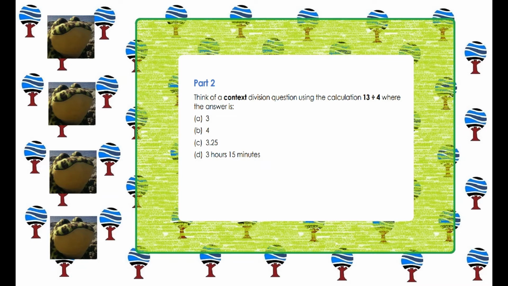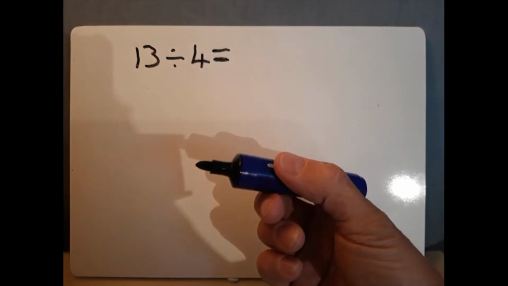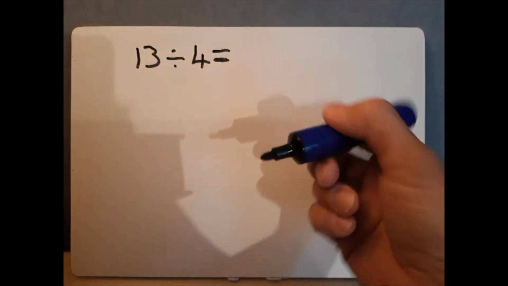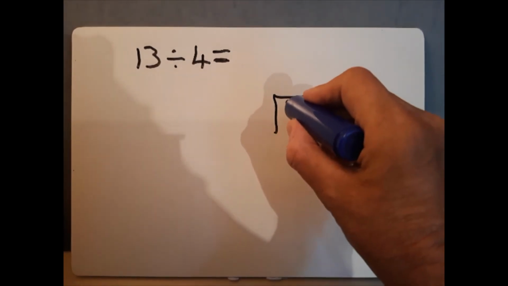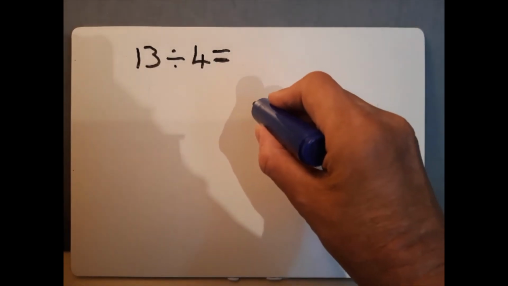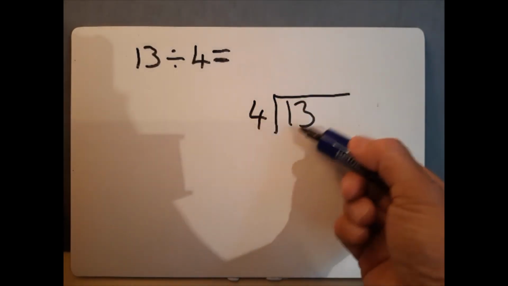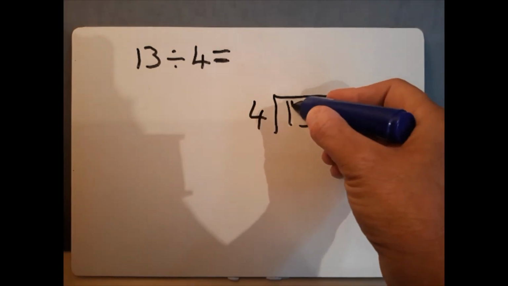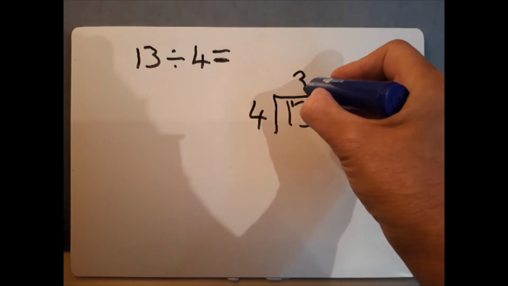Okay, so let's have a look first of all at what we're going to do. This is the question that we have been asked to look at, which is 13 divided by 4. We can think of this in quite a few different ways. Let's just try and do this as a division with the bus stop method. 4 into the 1, it doesn't go, so 4 into 13 is 3.